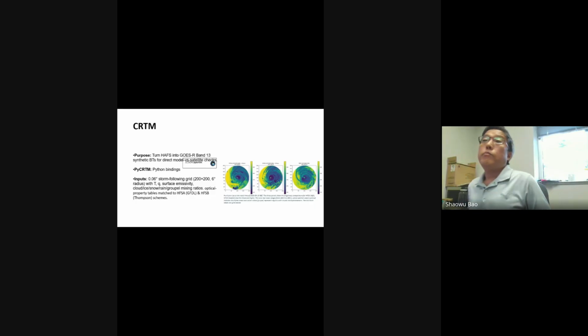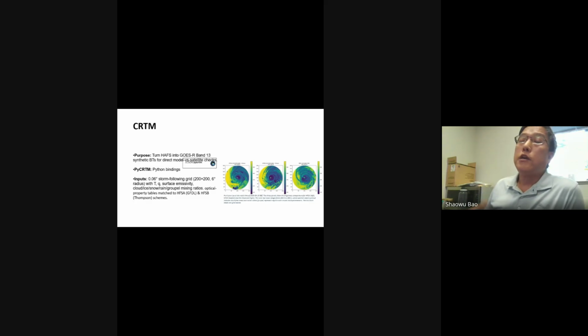CRTM. So the purpose of CRTM is to turn the HAFS model result into synthetic images. So the input includes the temperature profile and water vapor profile, surface properties, land use, and most importantly, we have the cloud, ice, snow, rain, and graupel mixing ratios, and the corresponding optical property tables that are matched to HAFS A, GFDL, and HAFS B, the Thompson schemes.